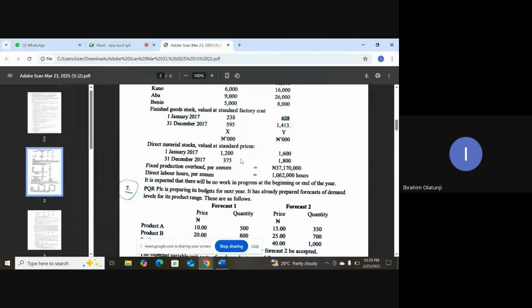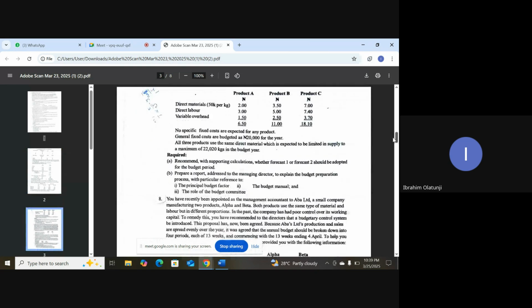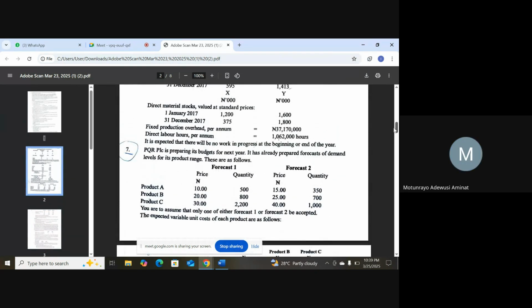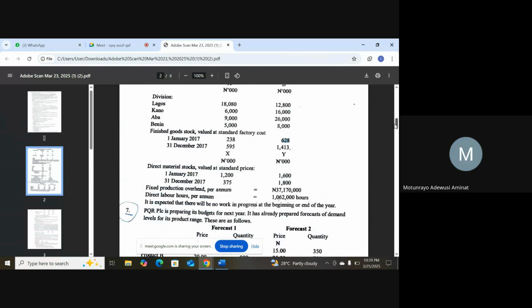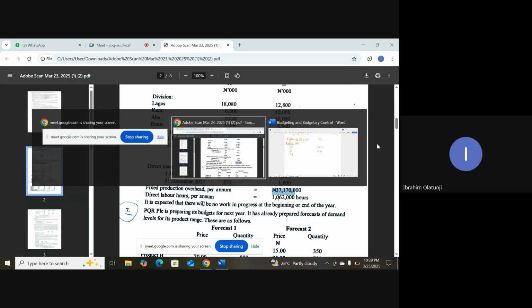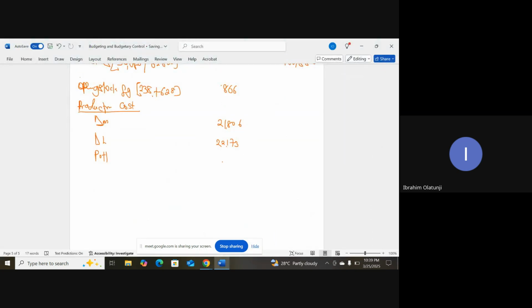Let's check. Production overhead, you can see 37,170,000.